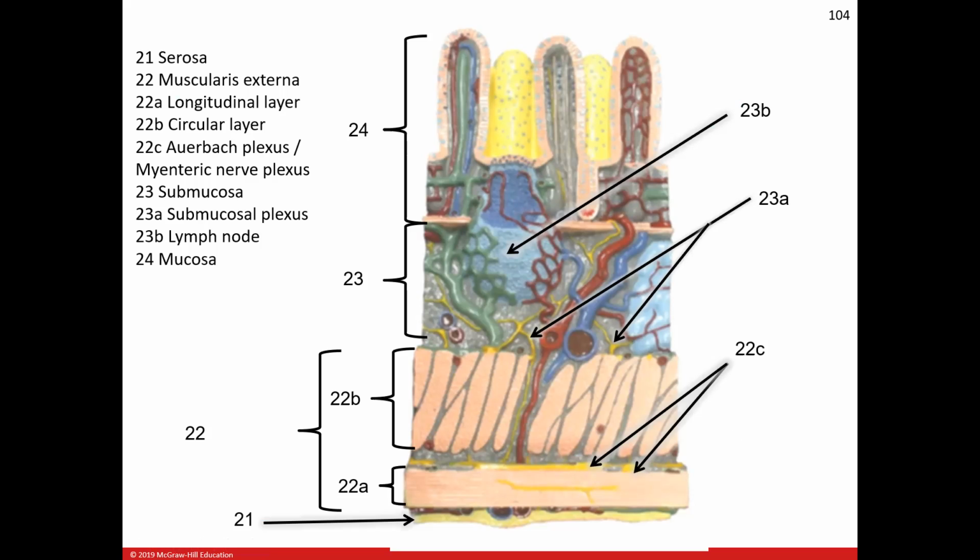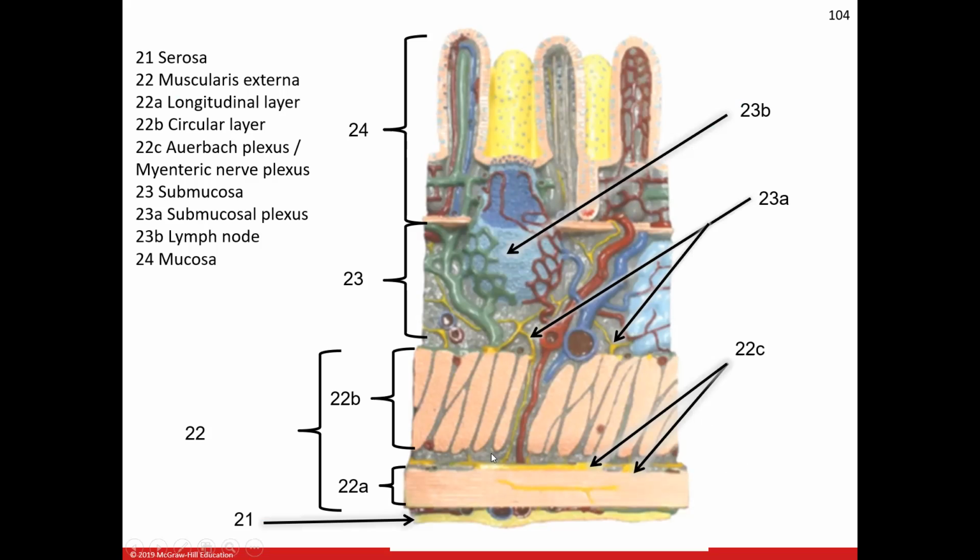The enteric nervous system is basically the digestive system's nervous system. Throughout the digestive system, you're going to have these clusters of nerves in different layers of the digestive tract to help facilitate the digestive process, the motility, and help with the chemical breakdown.